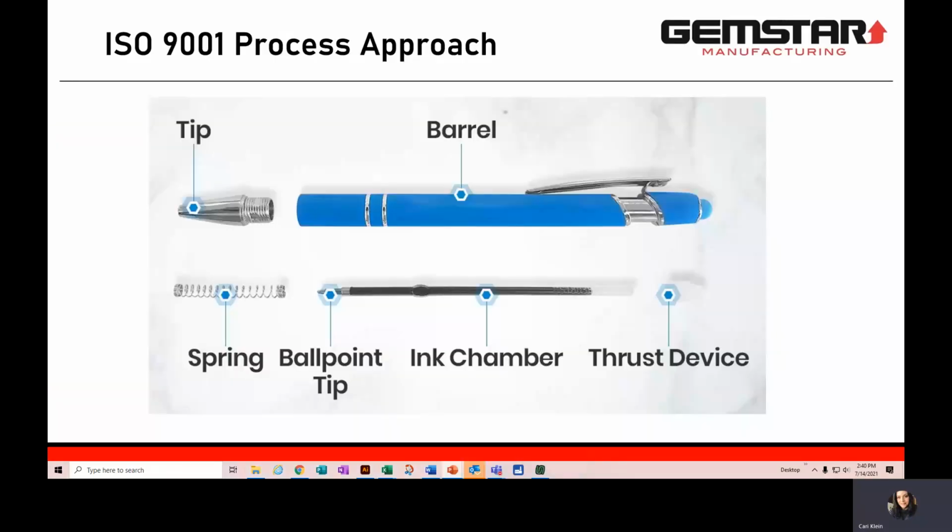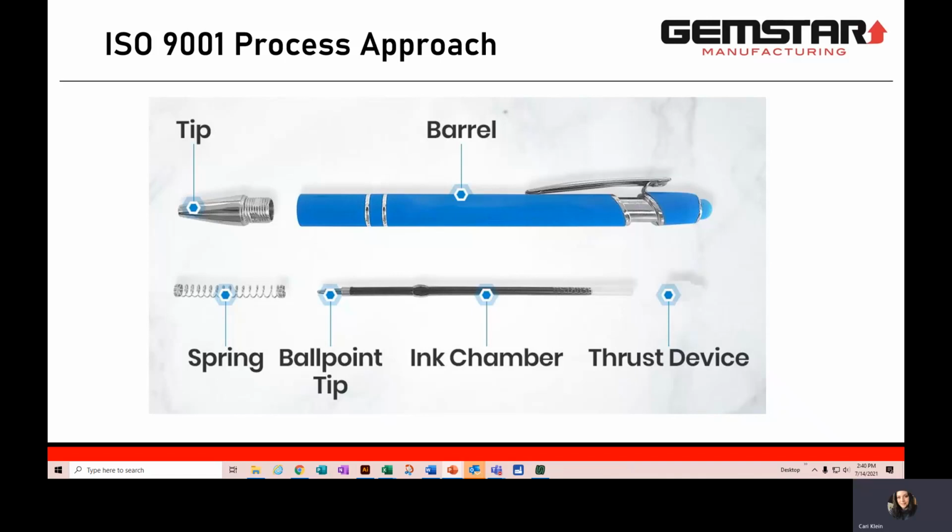So an analogy I like to use to describe the process approach is a very simple one. Take a look at this pen on the screen. You can see all of the different elements of that pen blown apart. You've got the tip of the pen, you have a spring, the ballpoint, the ink chamber, the thrusting device, and so on and so forth.